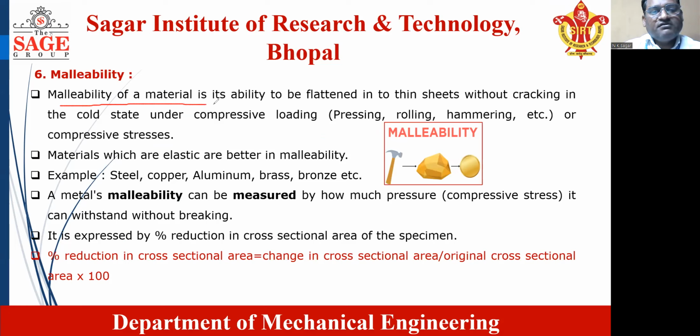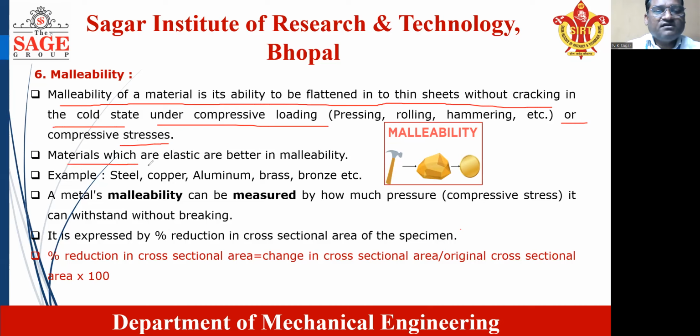Malleability of a material is its ability to be flattened into thin sheets without cracking in the cold state under compressive loading. Compressive loading may be pressing, rolling, and hammering, or the compressive stresses.